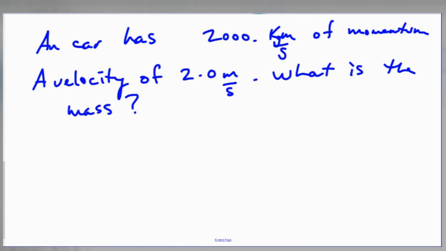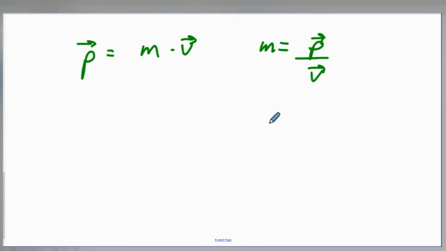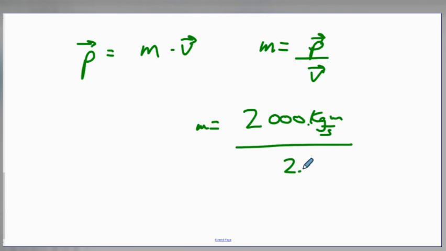And very simple. Momentum, let's get the vectors in there, is mass times velocity. If I want to know the mass, it would be momentum divided by velocity. So the mass in this example is 2,000 kilogram meters per second divided by 2 meters per second.